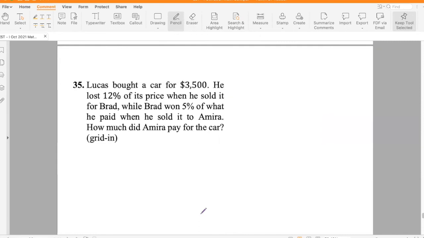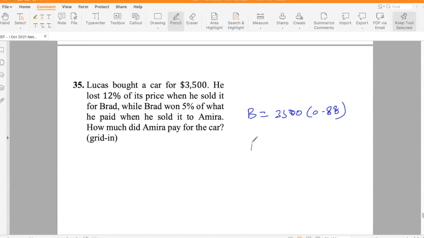Lucas bought a car for $3,500. He lost 12% of its price when he sold it to Brad. Okay, so he lost 12%. So Brad got it for 3,500 times 0.88, right? While Brad won 5% of what he paid when he sold it to Amira.